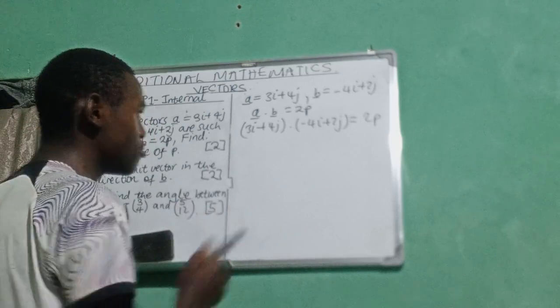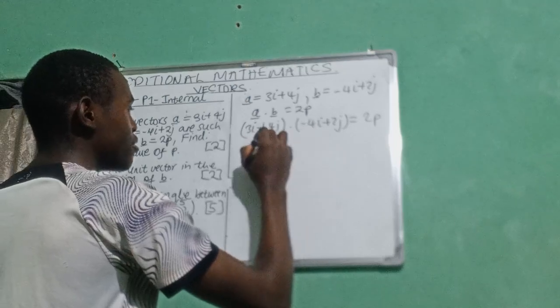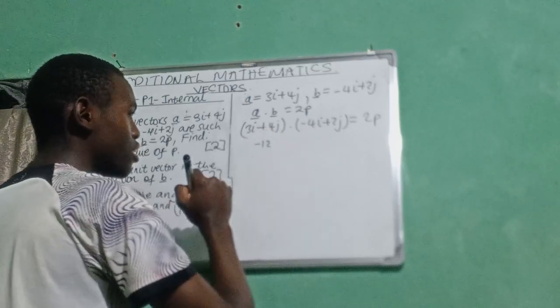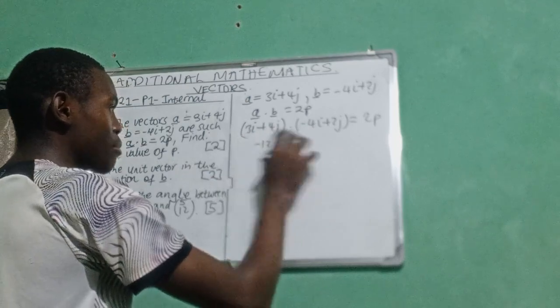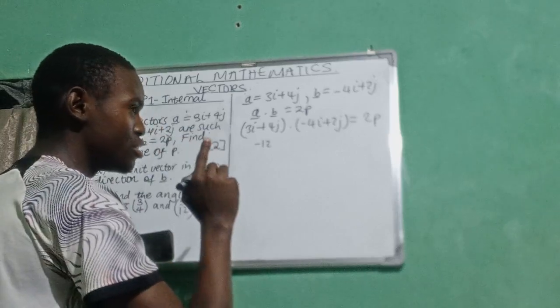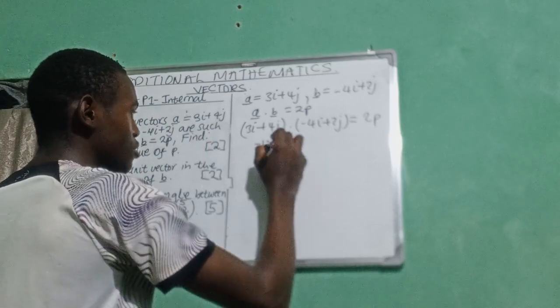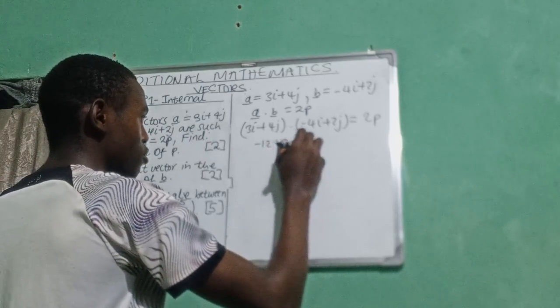Let us continue. 3i times negative 4i is minus 12, because i times i is 1. I squared is i times i, which is 1. Then 4j times 2j will give you positive 8, is equal to 2p.